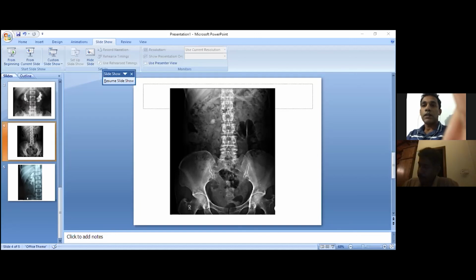Okay. Right. What are the problems of using access sheaths? The problem is that it is a blind procedure, even though it is under C-arm guidance. So it can traumatize the ureteric orifices and the lower part of the ureter. That's the main disadvantage of the ureteric access sheath.